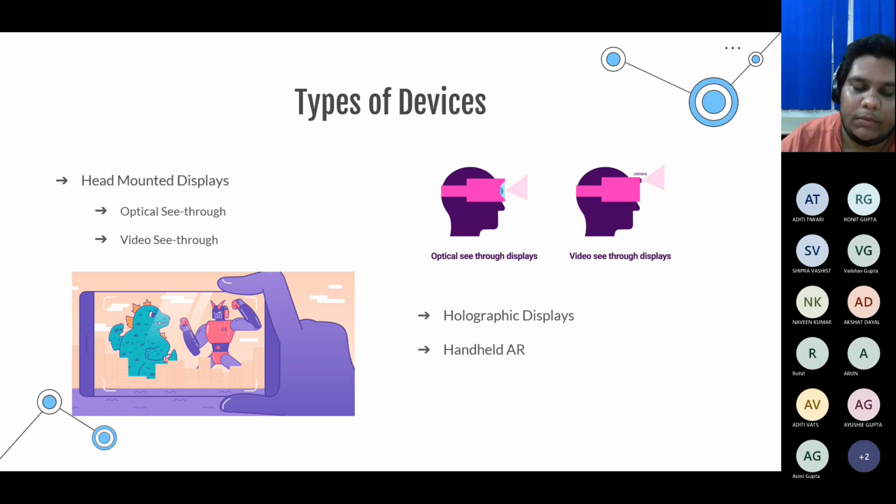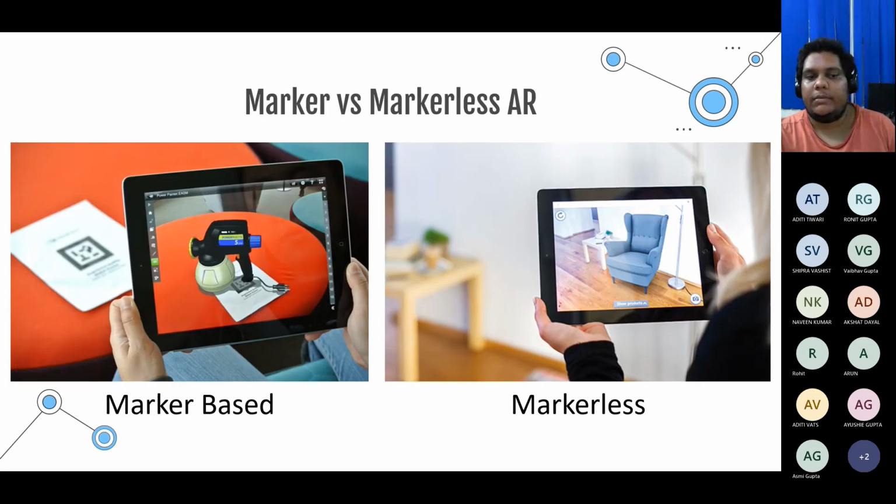You're not seeing the real world directly, you're seeing it through a screen. Then we have holographic displays and handheld AR. They are self-explanatory, and handheld AR is what we are going to work on because we will be working on mobile AR.